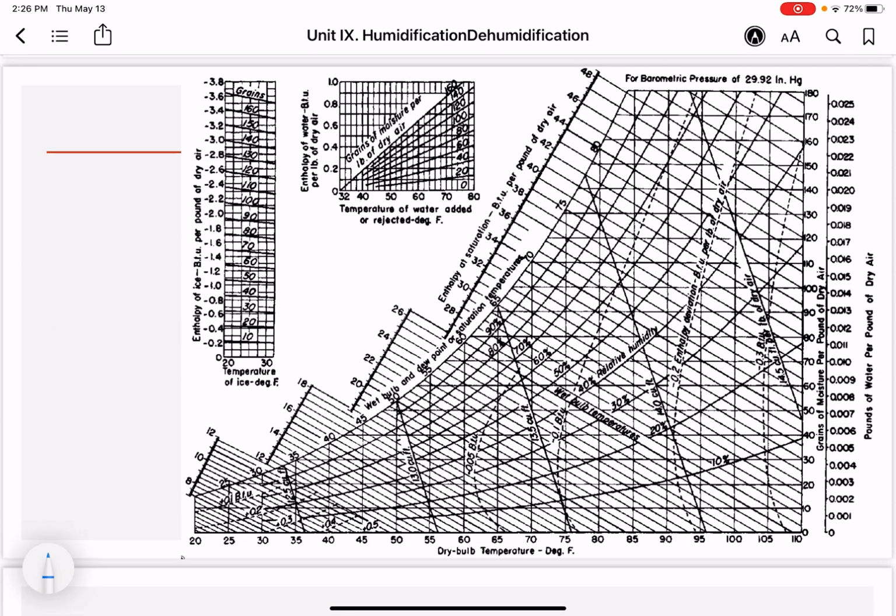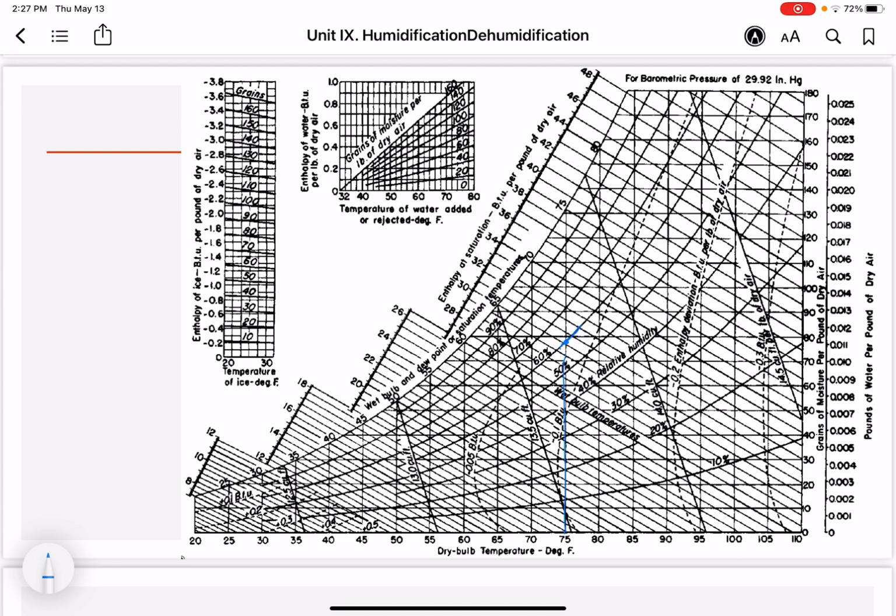So you are given 75 degrees, 60% relative humidity. So where's my 60% relative humidity and 75 degrees? So I'll just project it up to this point. Right? This is 75. This is 60% relative humidity.